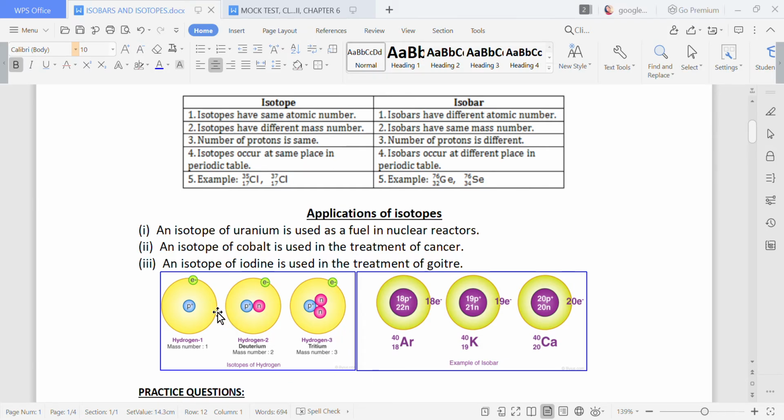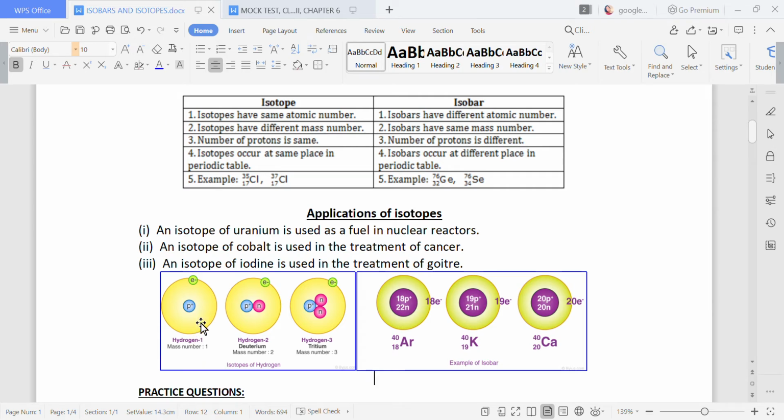Now you see all three are of the same element. All of them have the same symbol, that is hydrogen. Their atomic number is also the same because their number of protons is the same. See, one proton here, one proton here, one proton here. As you know, atomic number is equal to the number of protons.